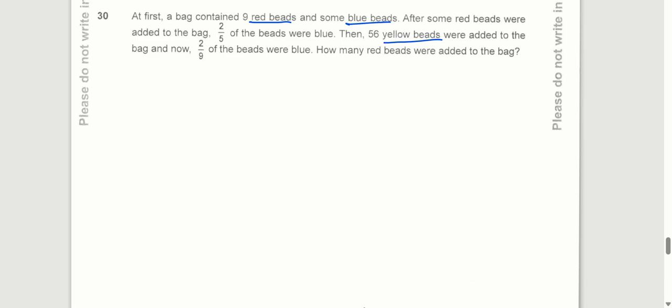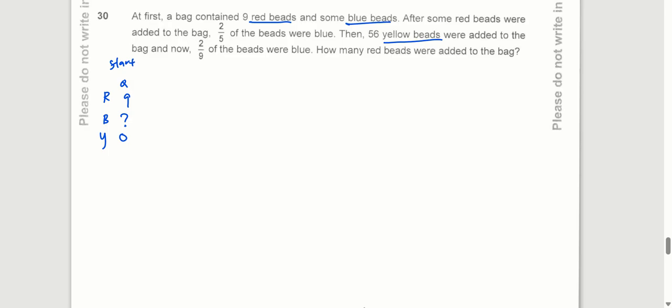So first of all, I'm going to do my annotation, reminding myself there are 3 bits here, red, blue, and yellow. At first, a bag contained 9 red bits. Okay, the quantity is 9, and blue is unknown. There are no yellow bits at the start.